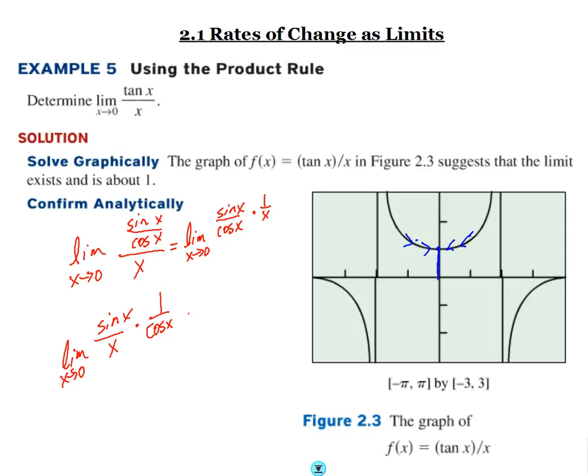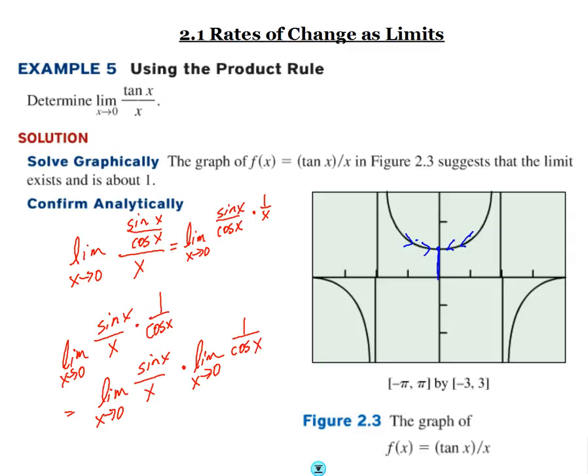Well, with the many different rules that we had for limits, I can break this limit expression by saying the limit as x approaches 0 is equal to that of sine x over x times the limit as x approaches 0 of 1 over cosine of x.